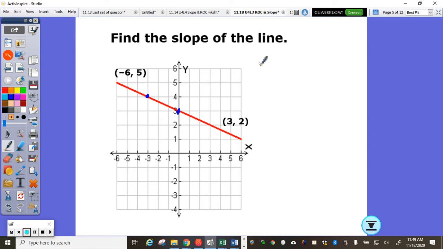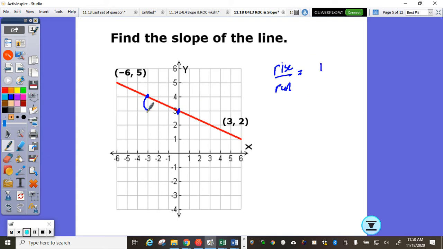So this is what I want to be careful of with you guys. You're going to get into this, and you maybe have already kind of been exposed to it, where it's like, well, down is negative, right is positive, left is negative, up is positive. If you get confused with these signs, okay, don't do that. Just go ahead and fill out your rise over your run. And in this case, your rise, to go from that point to that point, is 1.